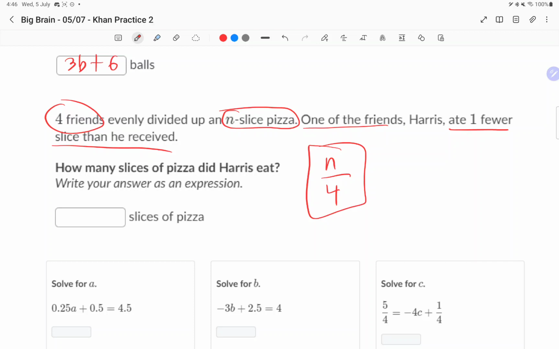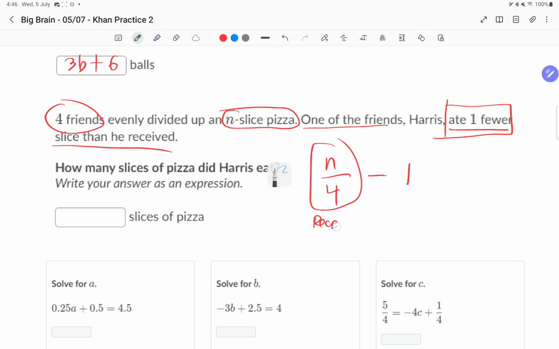So divided by 4, and then Harris ate 1 fewer than what he received. 1 fewer means you need to subtract 1, because this is how much Harris received. So this is the received amount, and then this is how much he ate less than the amount received. So the answer would be n over 4 minus 1 as an expression.